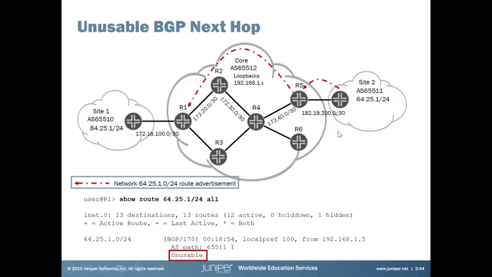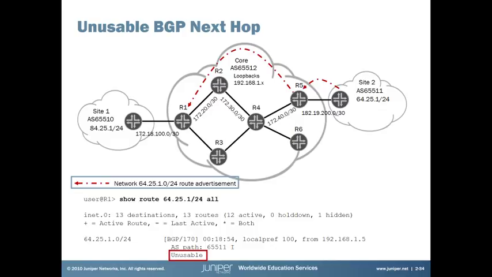So here we have site 2 advertising via BGP, so the reachability to site 2 is being achieved via BGP. The router in site 2 advertises to R5, which is in our provider core.